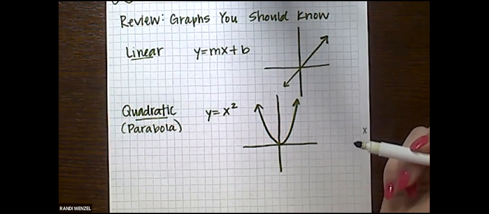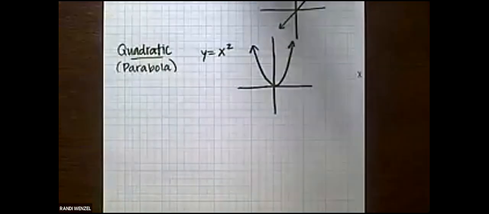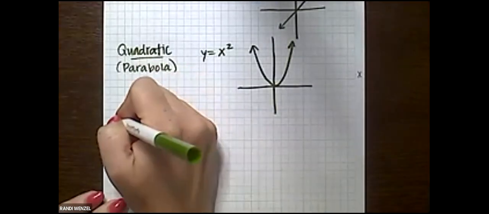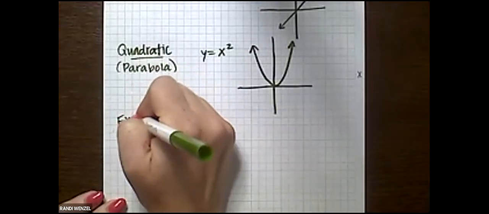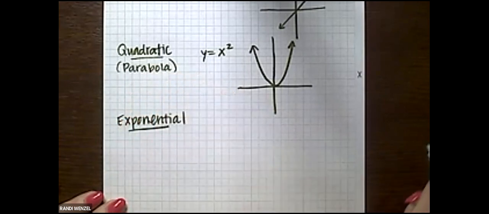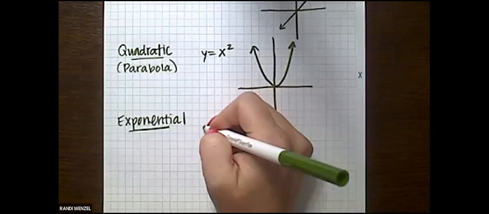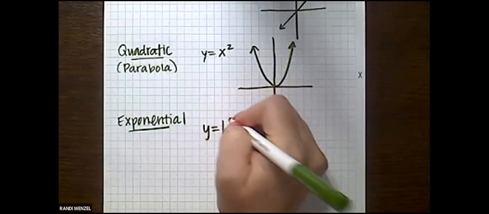Another one you should have worked with in Algebra 1, but you may not be as familiar with, is an exponential graph. So exponential graphs are kind of different. Their equation is always y equals b to the x.